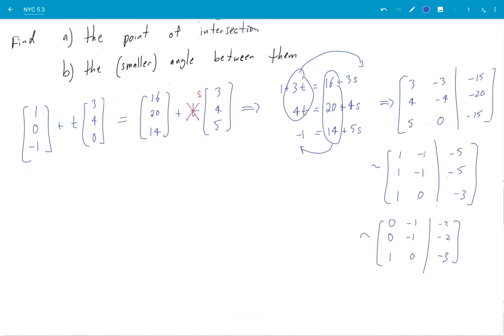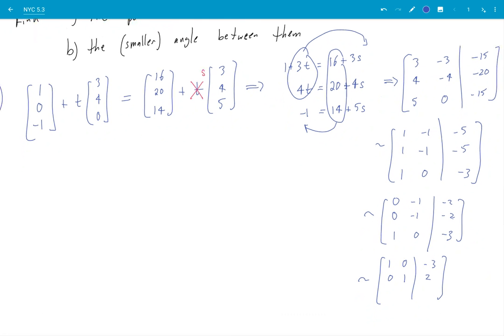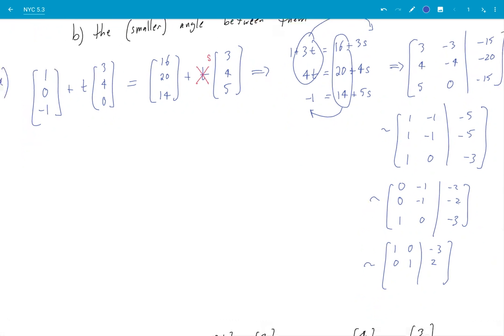So just reducing, I guess I'm doing this in a weird way, but if you don't follow what I'm doing here, you just take it aside, do it yourself. So I find that s is equal to -3, t is equal to 2.